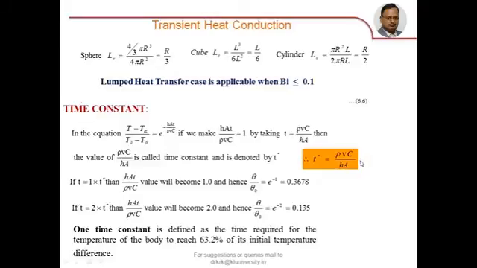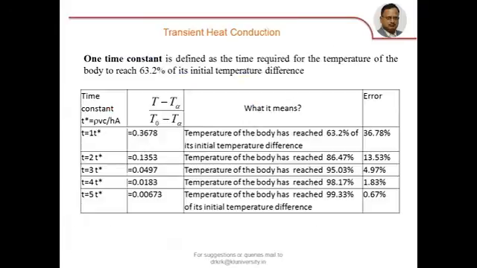So that means the moment you keep the thermocouple in the fluid and take a reading after one time constant, that means after 5 seconds, you will get an error of 36.78%, because the temperature of the thermocouple has reached only 63.2% of its initial temperature difference, not yet reached 100%.